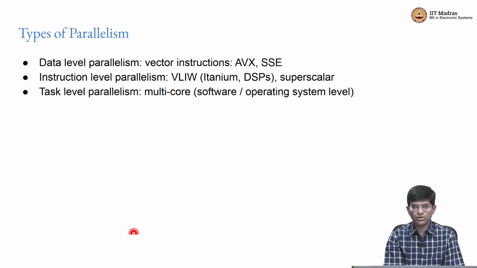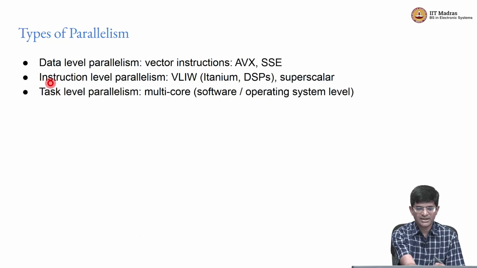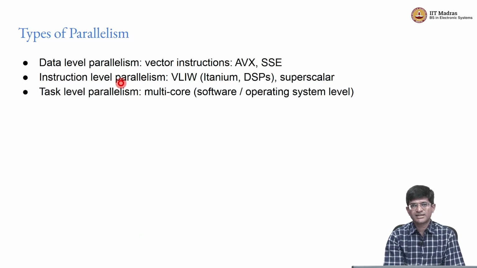Now, inside a CPU, it turns out that there is also something else that you can look at, which is called instruction level parallelism. Instruction level parallelism basically says, if I have an add instruction, after that I have a load instruction, and then maybe I have another branch instruction coming up after that. What if the add instruction is working with registers R1, R2, whereas the load instruction was trying to load something into another register, let's say R7 or so?